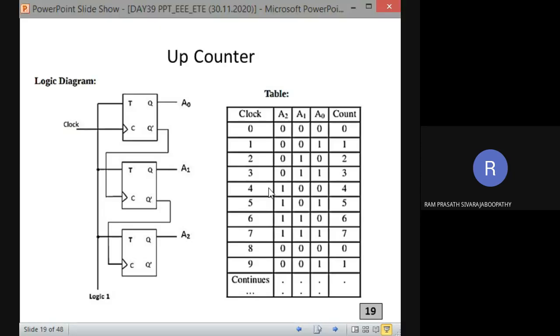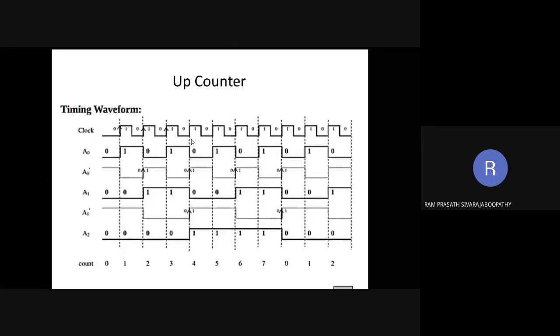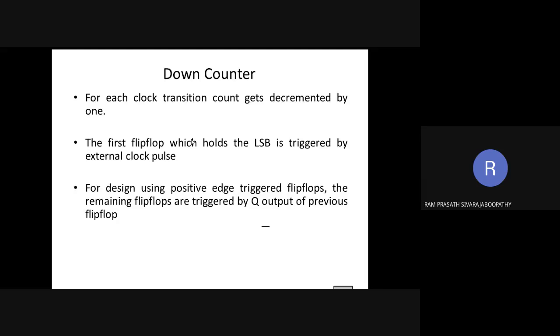So now we will continue the PPT. This waveform we have already seen. For the down counter, here also for each count, the count gets decremented by 1. So the first flip flop which holds the LSB is triggered by the external clock as it is. For a design using positive edge triggered flip flops, the output Q must be given as feedback.